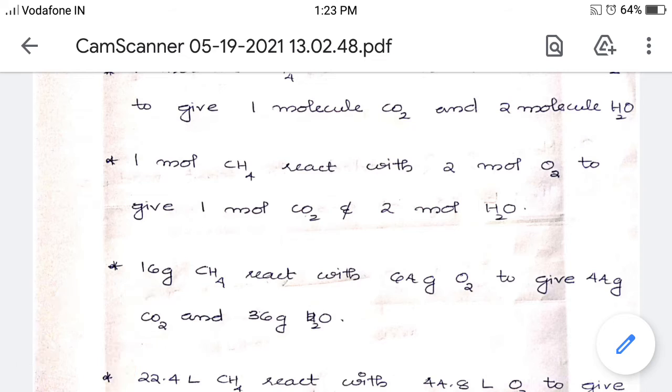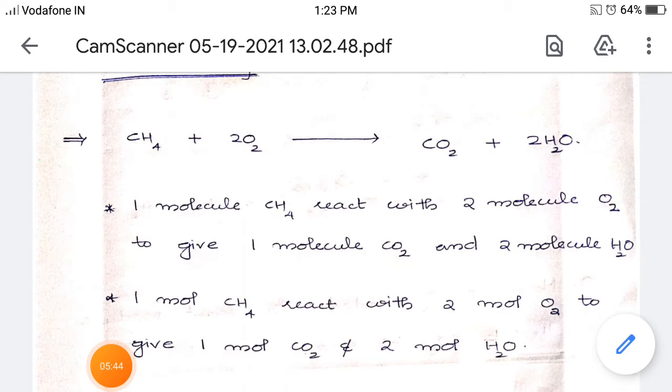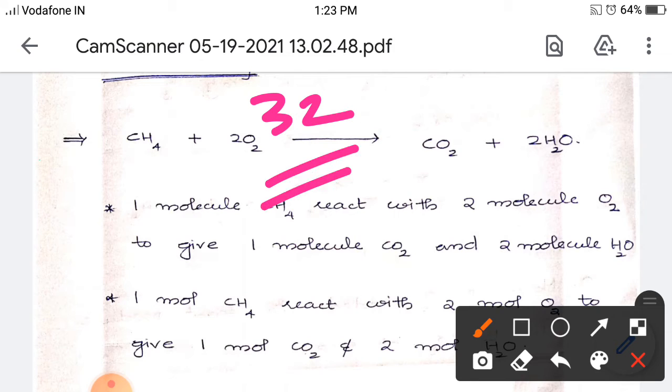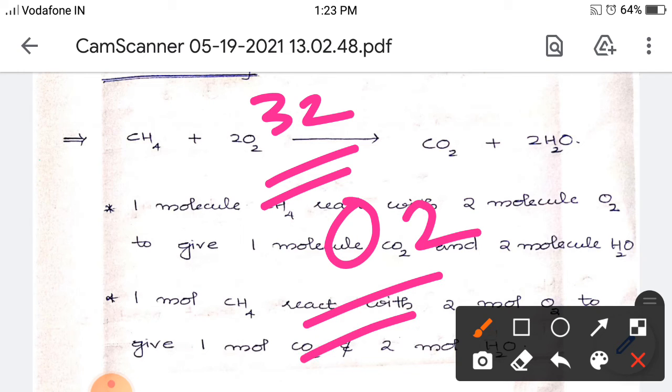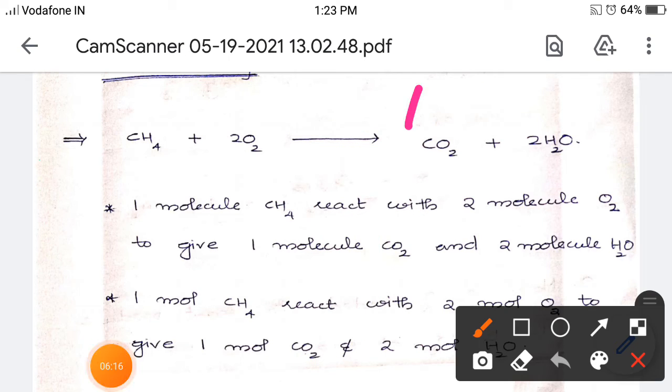16 gram then reacts with 64 gram O2. How does this 64 come? It is 2 molecules of O2. What is the molar mass of oxygen? 32. Then 2 into 32 is 64. Likewise, for carbon dioxide, that is 44.